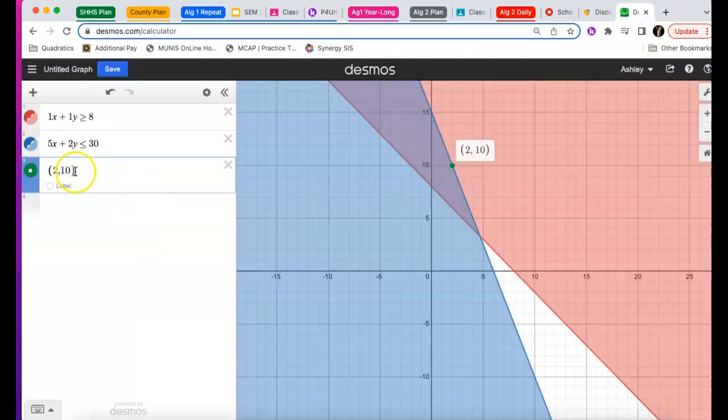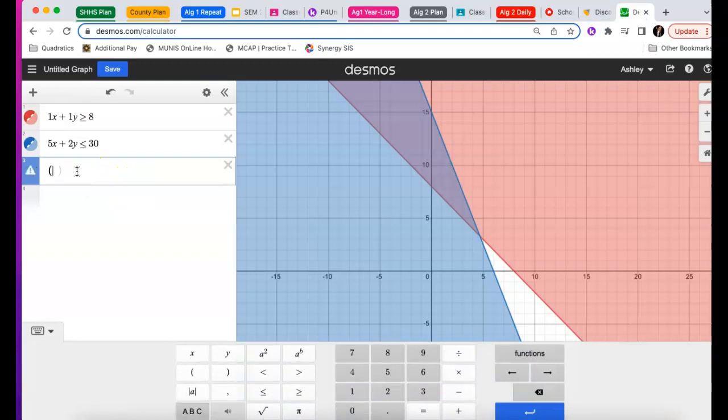And then we're going to graph (4, 8). And we're going to see if that's in our dark shaded region or if it's on the boundary line. So our darker shaded region is up here. It's not in this portion, which means it's not a solution.